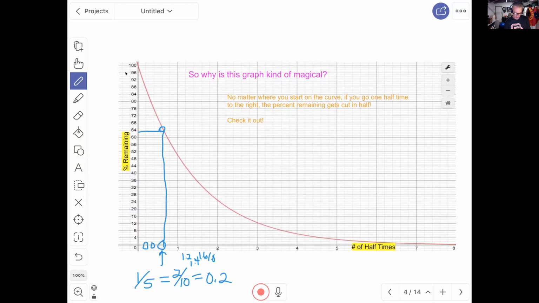Well, let's go over 1 half-life, or 1 half-time. So if we go over 1 half-time, how wide is that? Well, that is a width of this much, right? From there to there is 1 half-time. Well, if we go over 1 half-time, it's 5 of these 0.2s, or a 1, right?